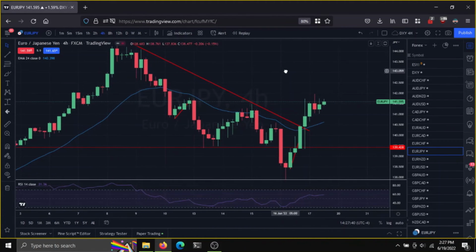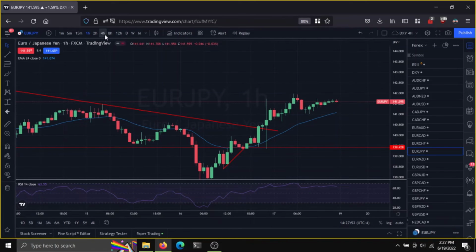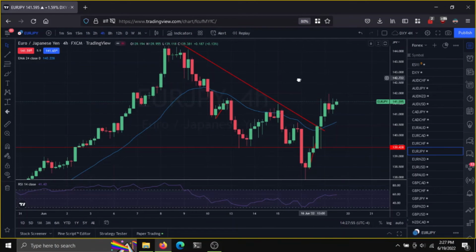I don't think you got a good candle here for downside if you were to break this. But then again, you got to watch the hourly chart, see how it looks. This isn't the best pair to trade right now.